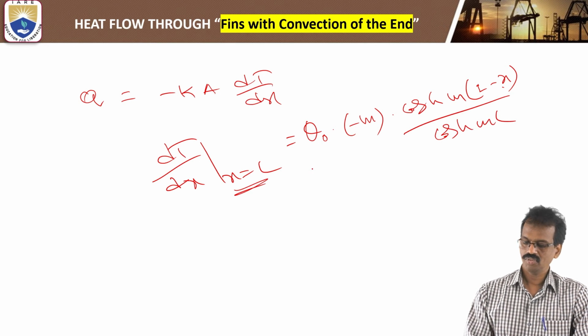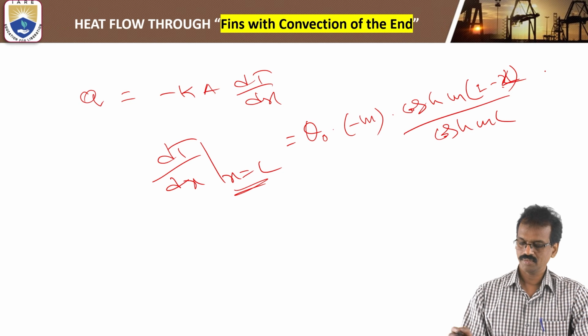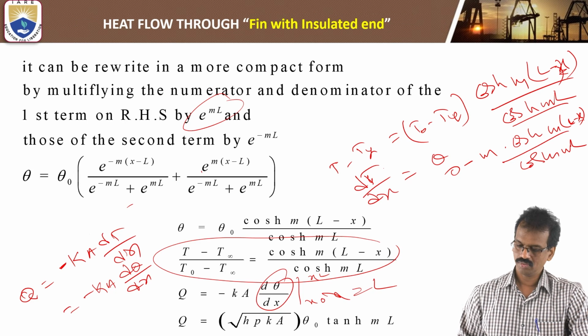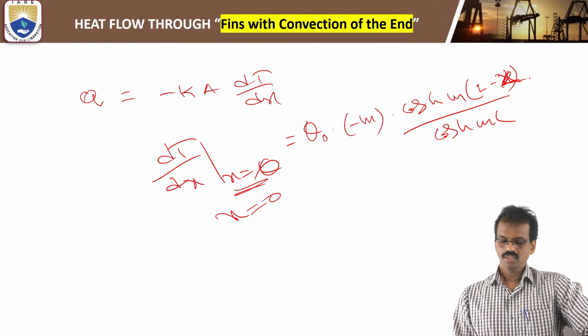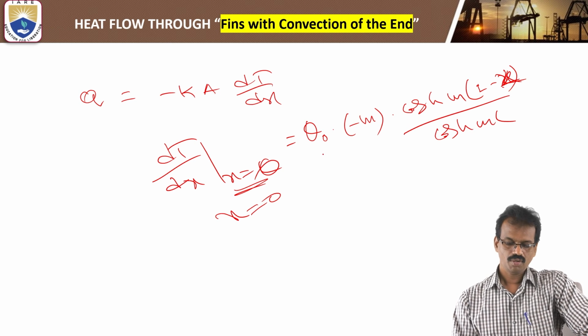Then at x equal to L you can substitute L here. We have to apply the boundary condition at x equal to 0, so then the formula is like this.